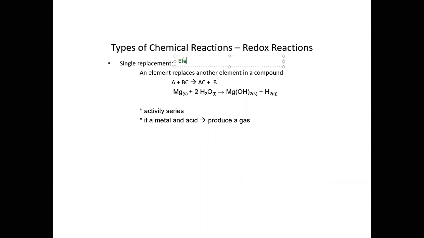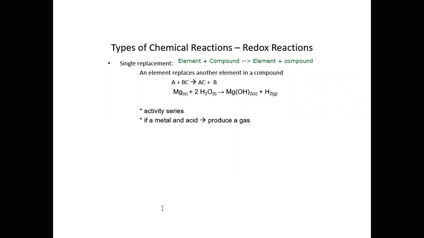For single replacement, you have an element plus a compound gives an element plus a compound. So you notice, for single replacement, there's an element on both sides of the reaction. And for double displacement, it would be compounds for the entire reaction.